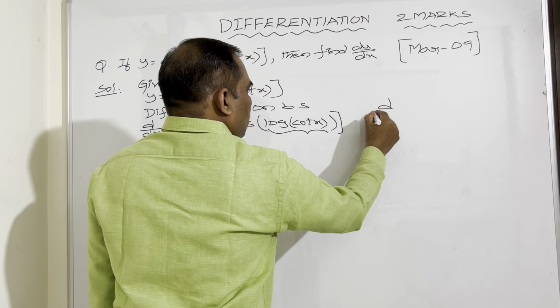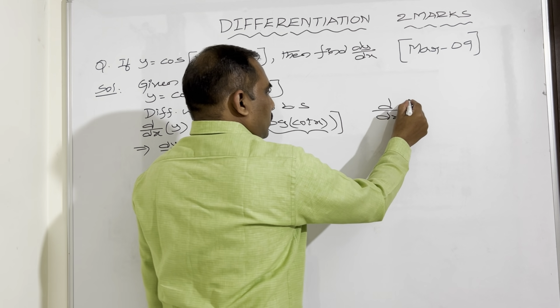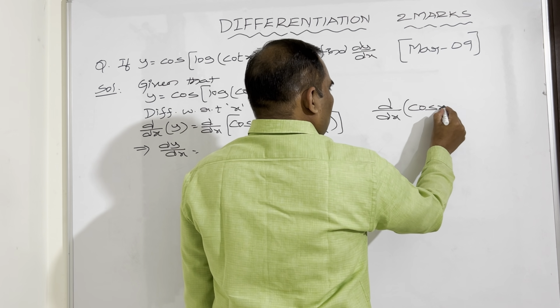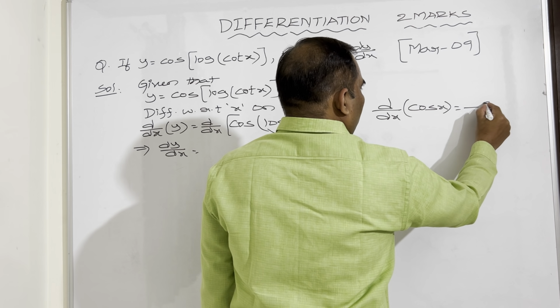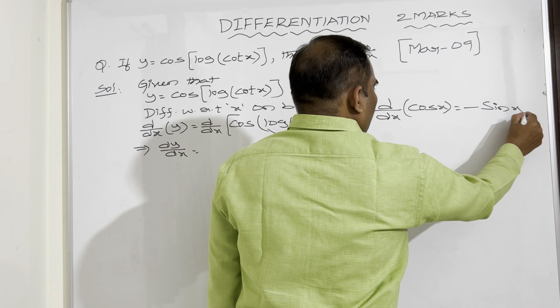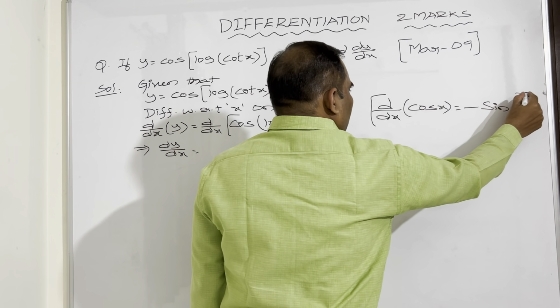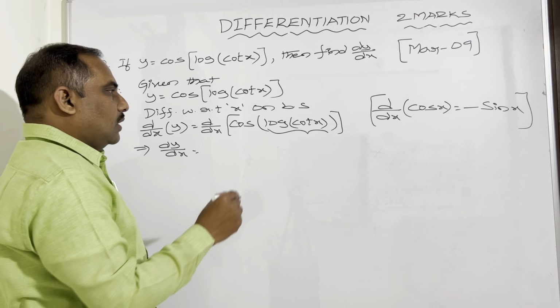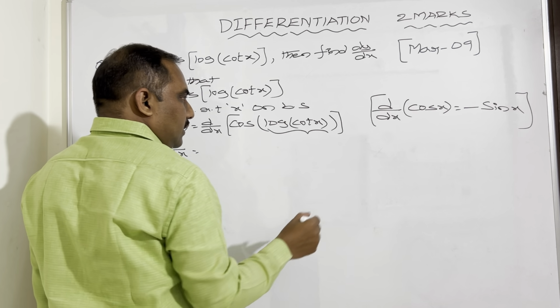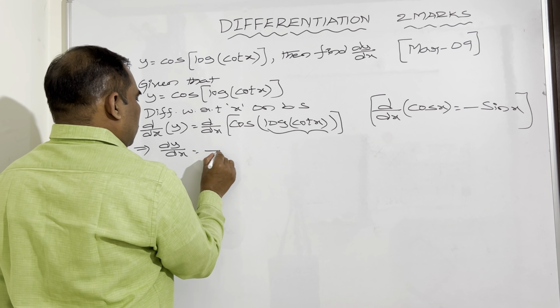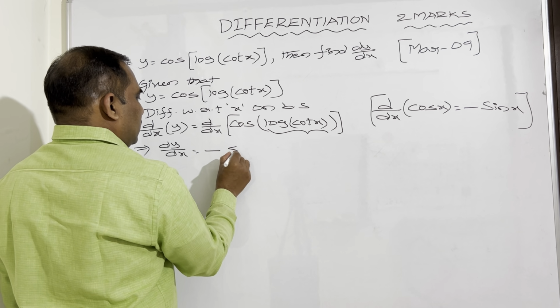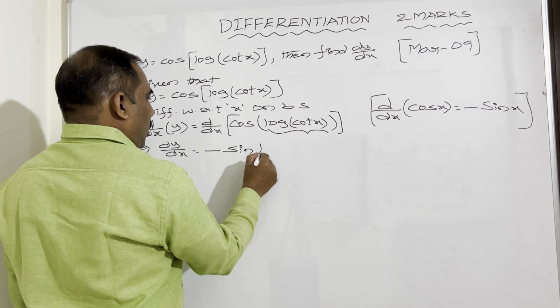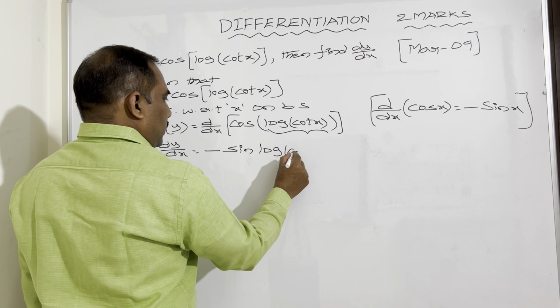We know the derivative of cos x with respect to x is minus sin x. Now what is x here? x is nothing but log of cot x. So that's why this is minus sin log of cot x.